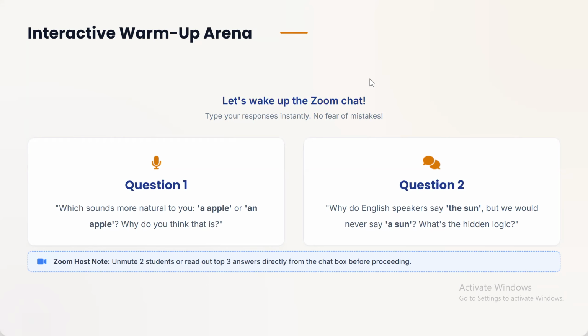An apple. So why does the English speaker say the sun, but we would never say a sun? What's the hidden logic?